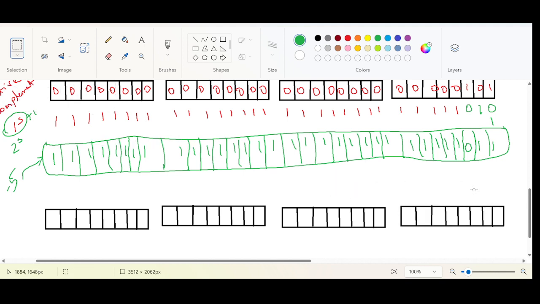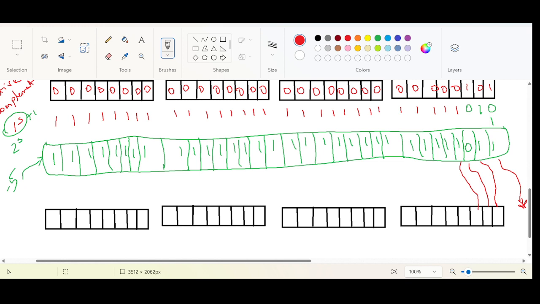So this one will be right shifted, in the sense it will have no space to be held, so it will be disappeared. It will be overflowed. The remaining entries will be filled. So this will take this position, this will take this position, this will take this position.